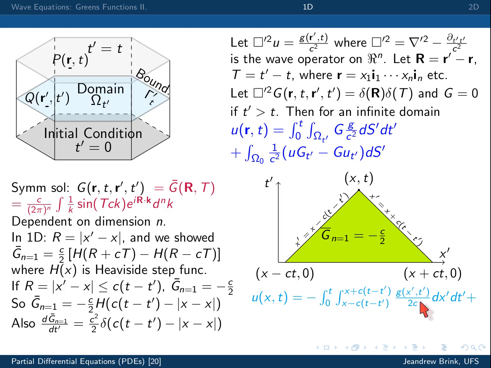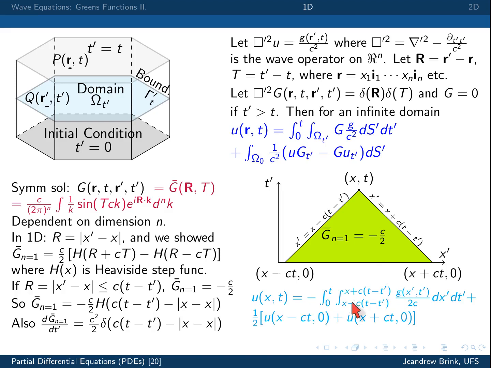Notice that in lecture 7 there was a plus sign here, plus f, but if you look at how g is defined here, g is in fact equal to minus f used in that derivation. So the first term agrees exactly with the d'Alembert solution that we derived earlier.